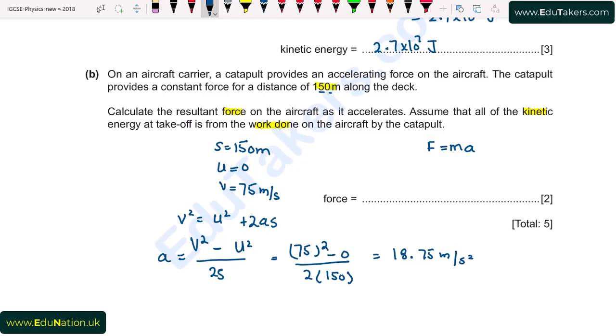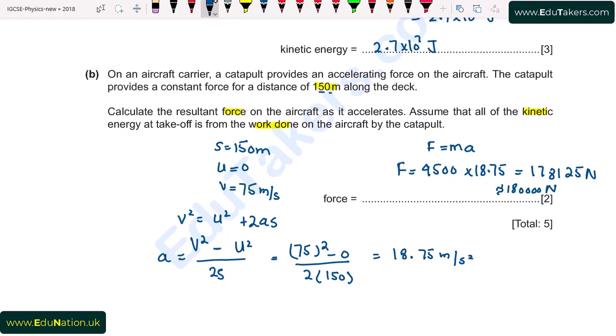So we have found the acceleration and mass is already given. So force becomes 9500 multiplied by 18.75, and it is equal to 178,125 newtons.